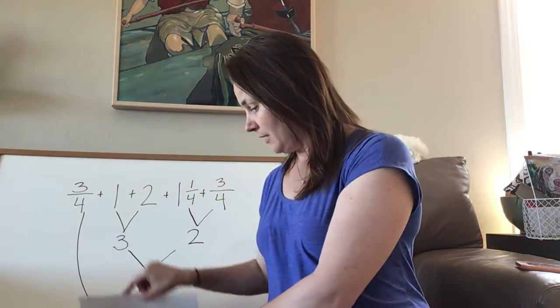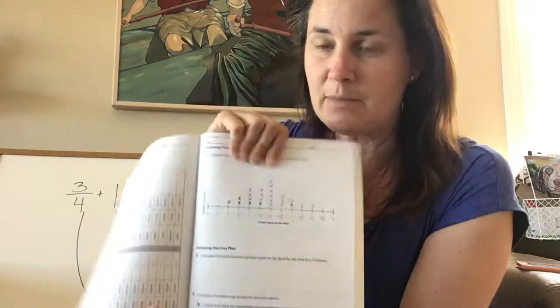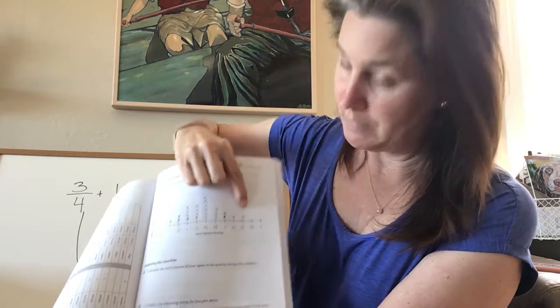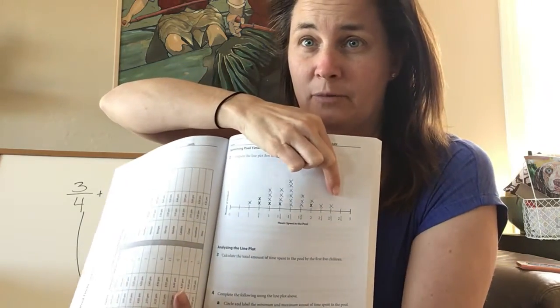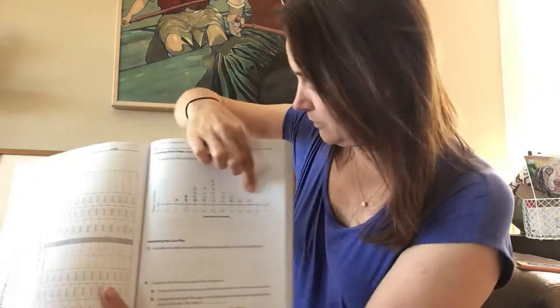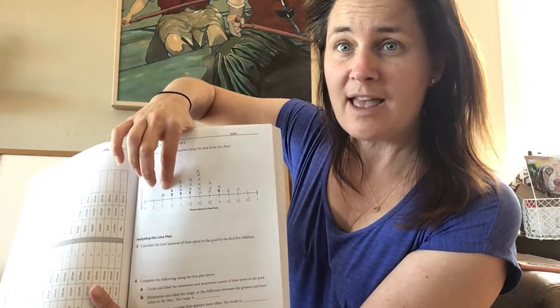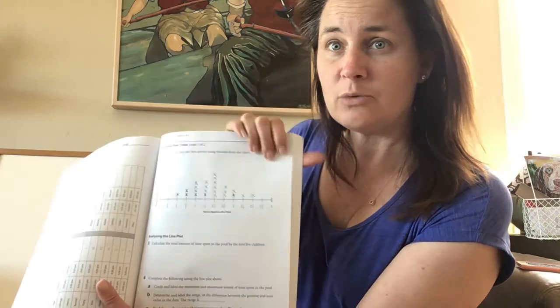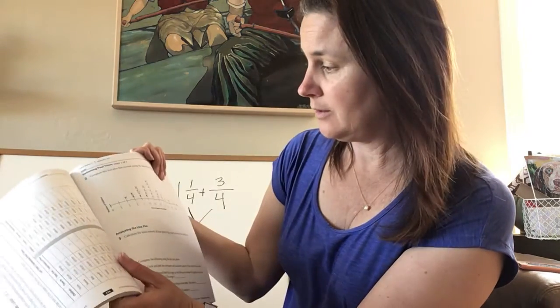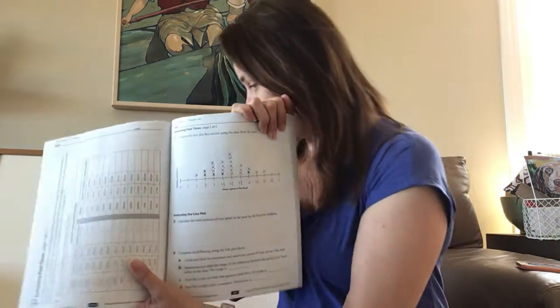For ours up here, you take your maximum number, it should be 2.5, and subtract a half from it. So 2 minus 1/2 is your range.